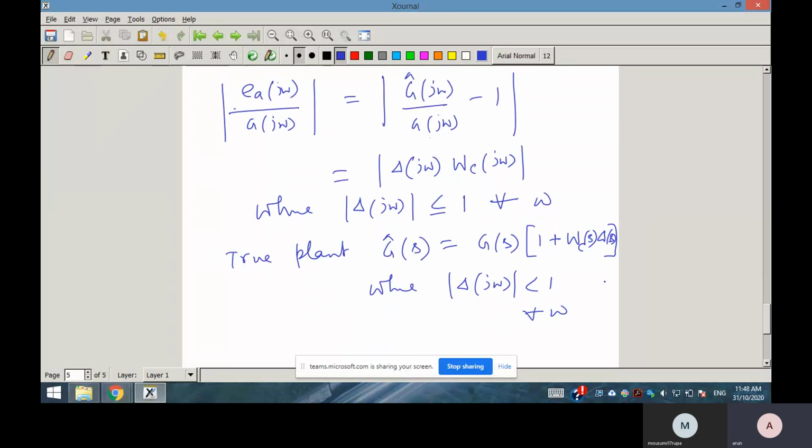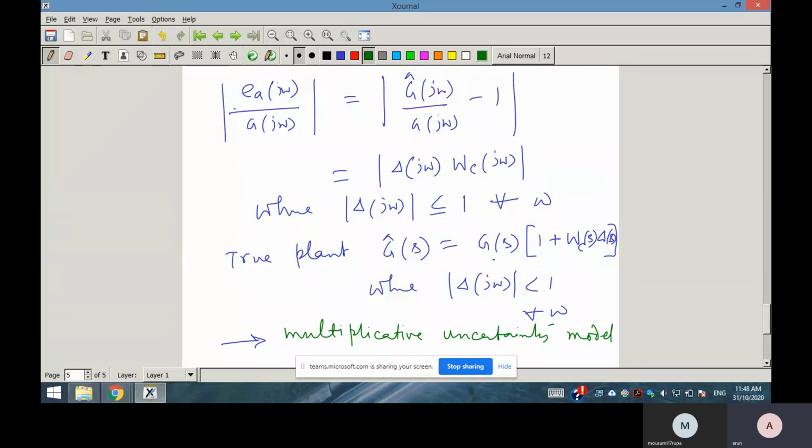This is the true plant. This is also known as the multiplicative uncertainty model.